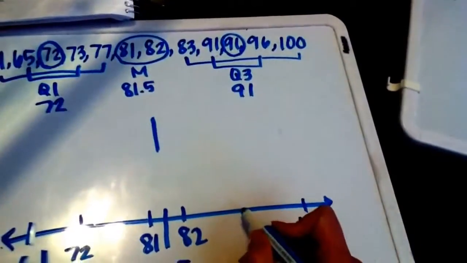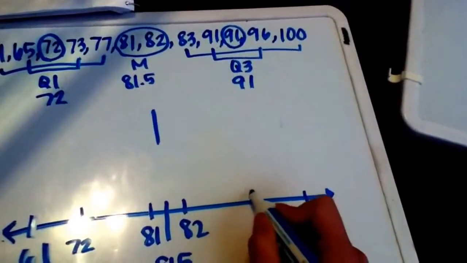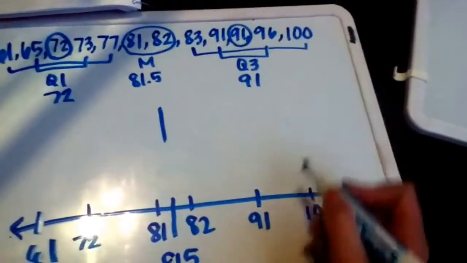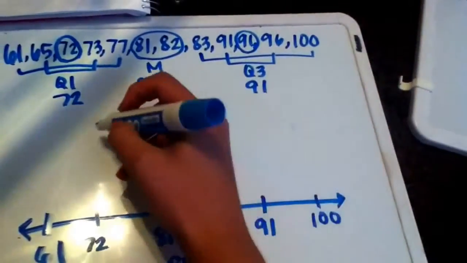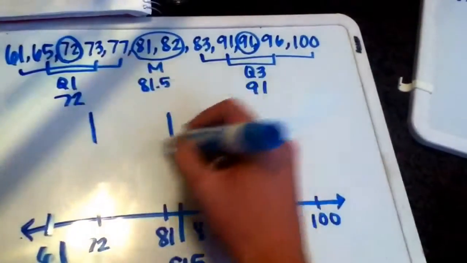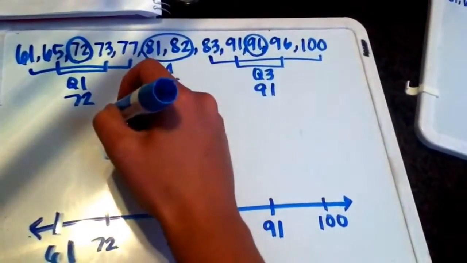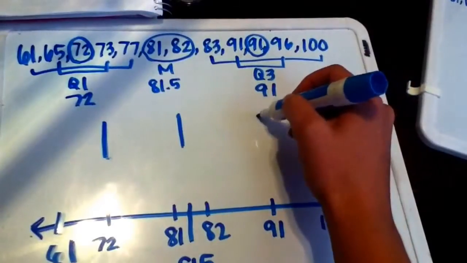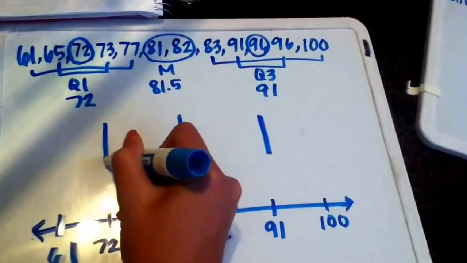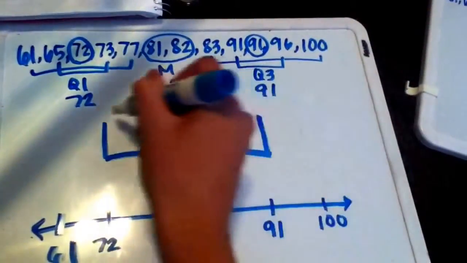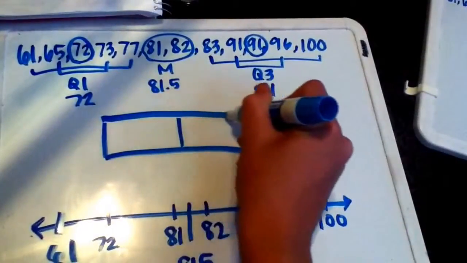And then we can make a line for 91, which is our Q3. So the next thing we could do is make dash marks above these that are similar to the one in the middle. Similar to those in the middle. And then we're going to connect it to where it makes a box.